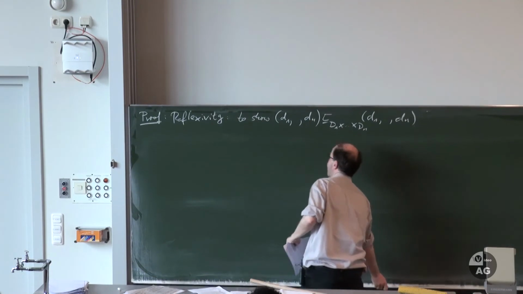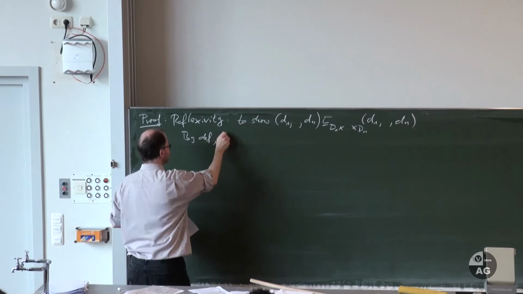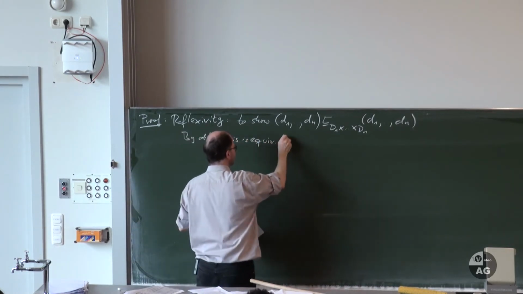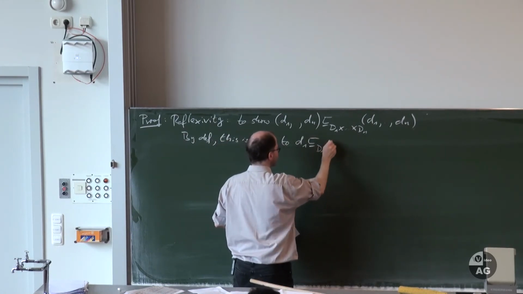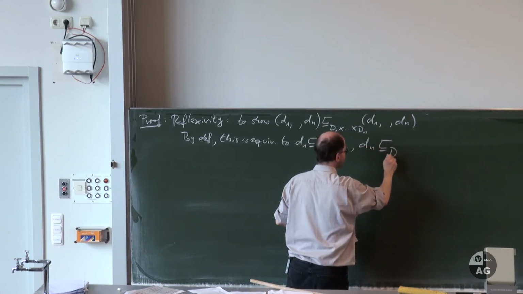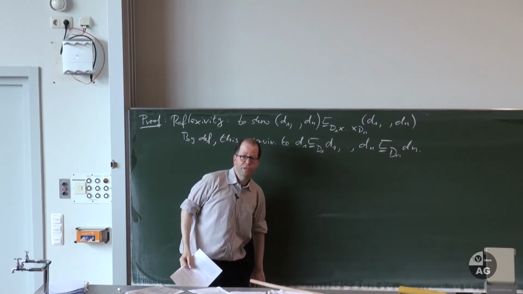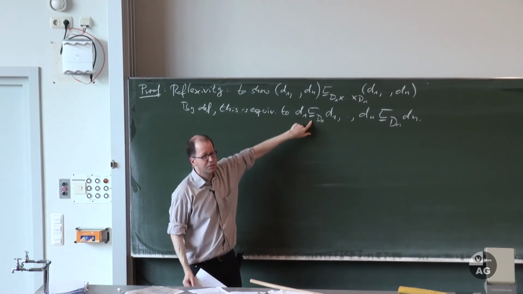By definition, this is equivalent to d1 standing in relation to d1, and so on, and dn standing in relation with dn. And why does this hold? Well, this holds because by assumption, all of these relations are reflexive.